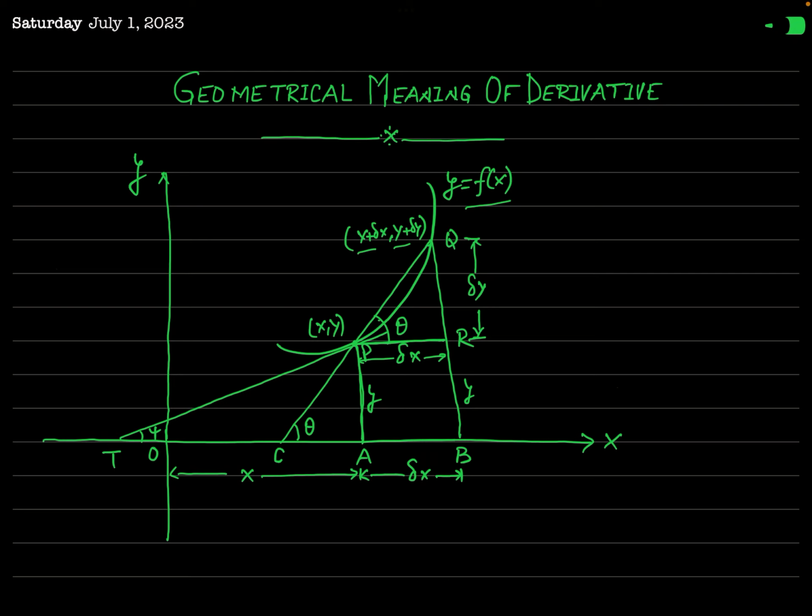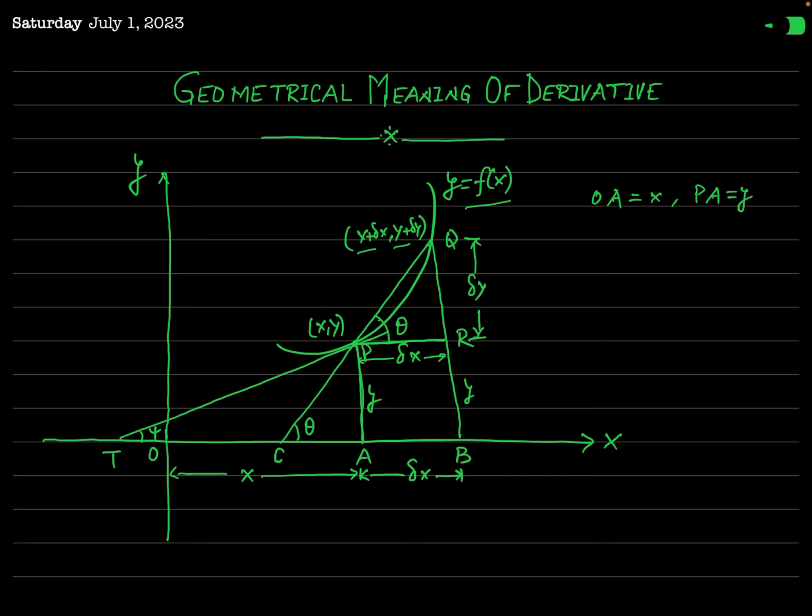Okay, so as you have considered that x and y are the coordinates of point P, so in accordance with this figure, you can see this OA will be equal to x, and this PA will be equal to y.